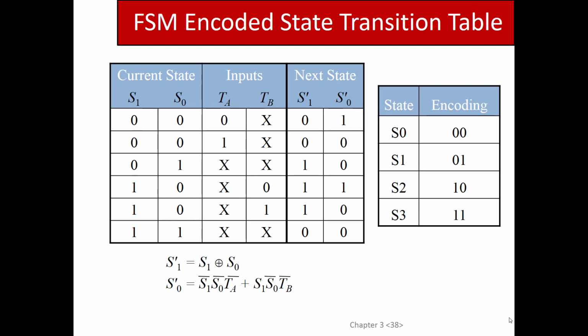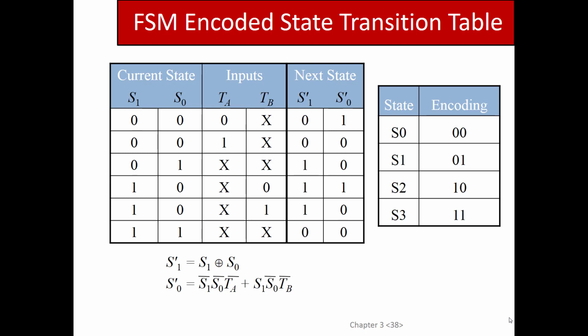And then this row is S1, not S0, and not TB. There we go. And that's what they've got. Matches up. Okay, any questions about that? Well, that just gives us the next state logic.